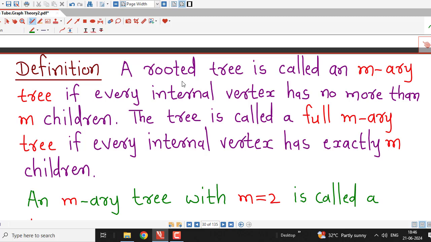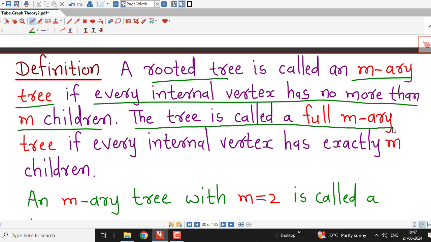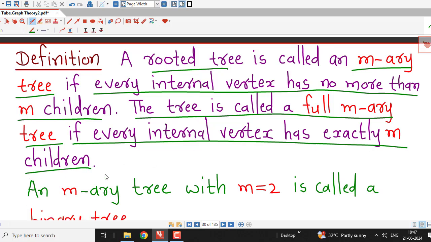I have written here: a rooted tree is called an m-ary tree if every internal vertex has no more than m children, or at most m children. The tree is called a full m-ary tree if every internal vertex has exactly m children.